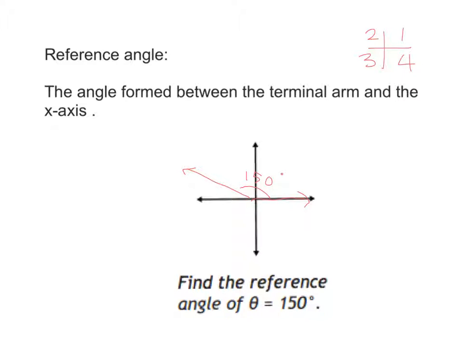So the reference angle for this is actually this angle in here, because the terminal arm is here, and the closest part of the x-axis is there. And how big is that angle? 30 degrees, right. Reference angle equals 30 degrees. So you just measure to the x-axis, not all the way from the positive x-axis at the beginning.